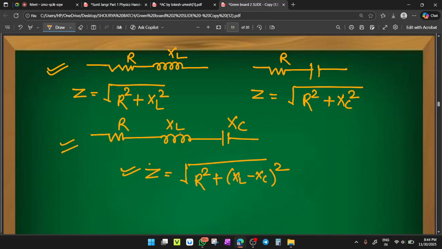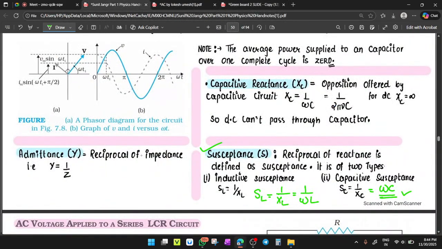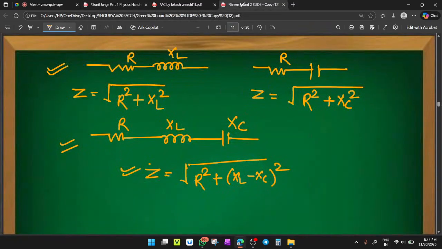So when at least two circuit components are connected together, the resultant resistance is called impedance. And 1 upon impedance is called admittance. Only the definition is important. So admittance equals 1 upon Z, denoted by Y equals 1 by Z.